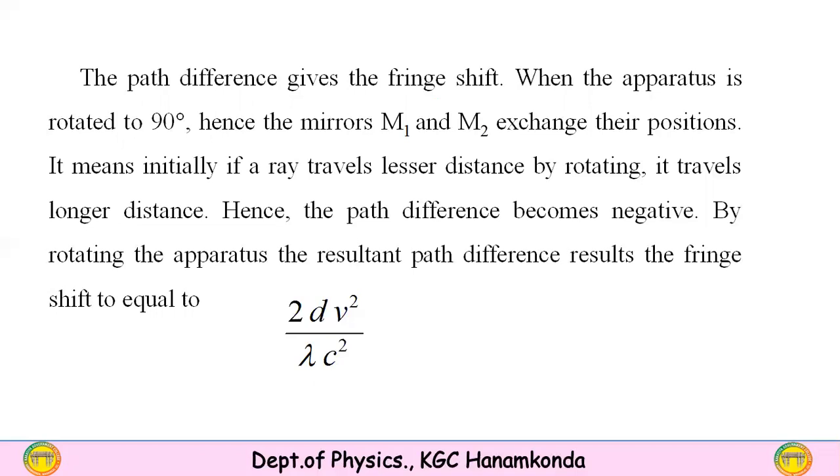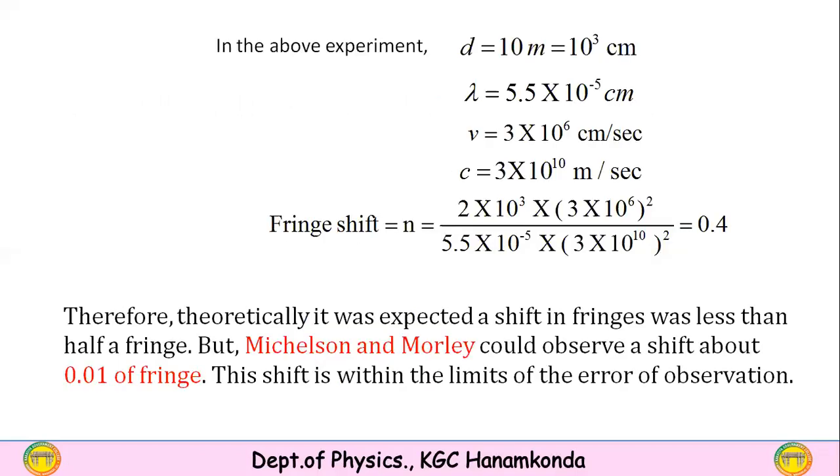The resultant path difference gives a fringe shift double the one we got in the previous equation. So the net fringe shift is 2 into dv square by lambda c square.